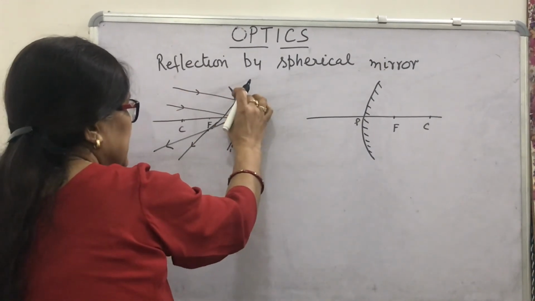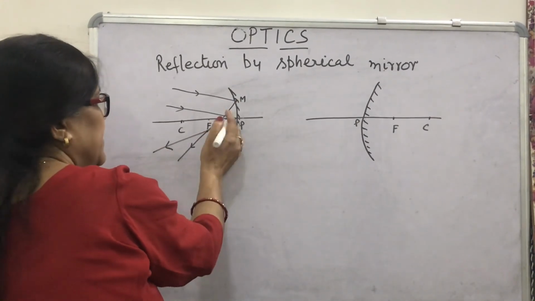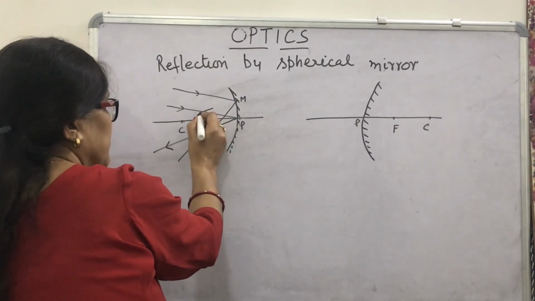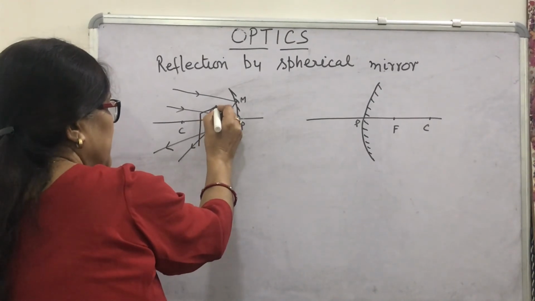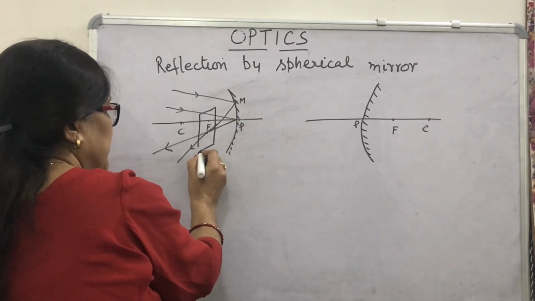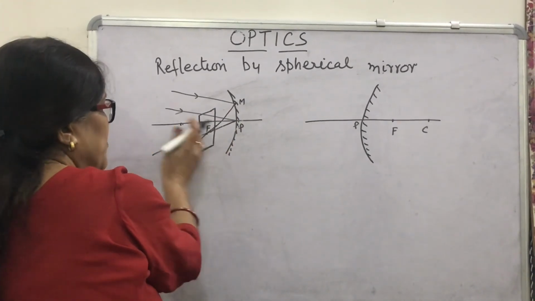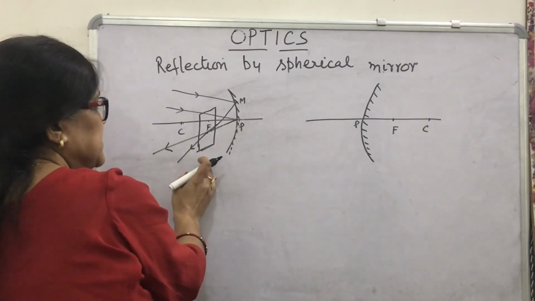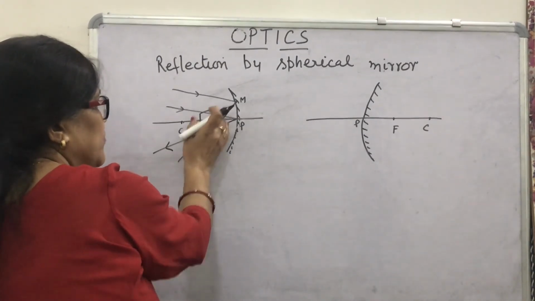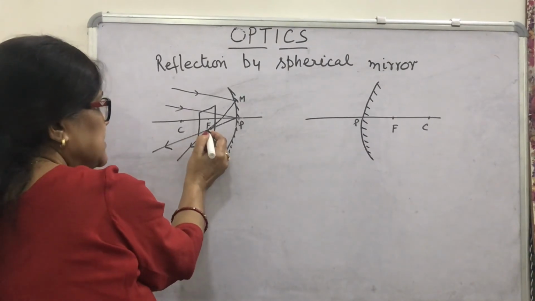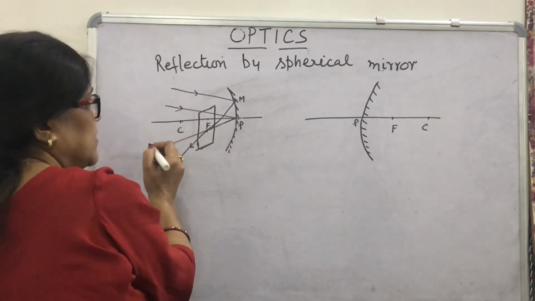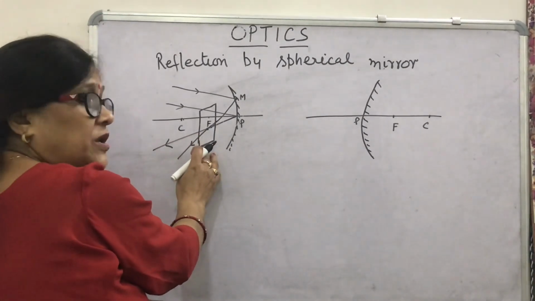Now what happens? A parallel set of rays after reflection by the mirror, their meeting point lies in a plane which is perpendicular to the principal axis. This is called the focal plane. The focus lies in this plane. So again, what do you mean by focal plane?